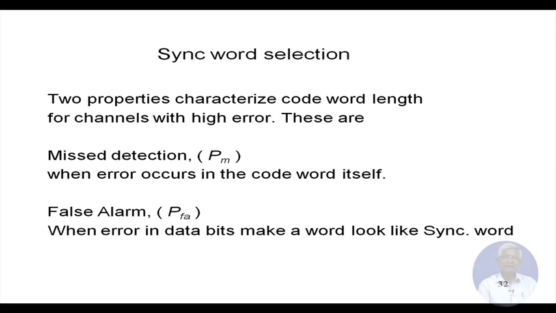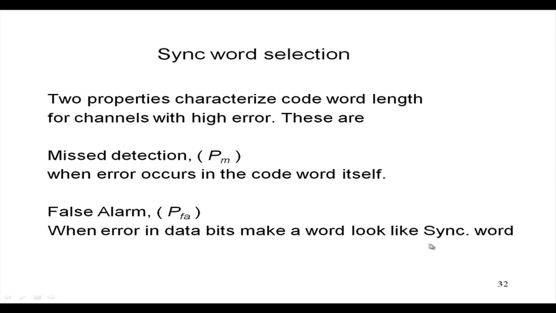And in the actual command words or telemetry words, if there is a pattern which looks like the sync word, that will be a false alarm. That will be taken as a starting point, and you will try to detect it as the beginning of the frame, and then you will get into wrong data detection. So, there are two things: missed detection and false alarm detection, when an error in the data bits makes a word look like a sync word.